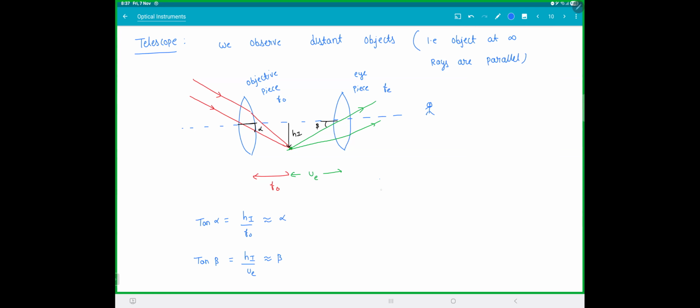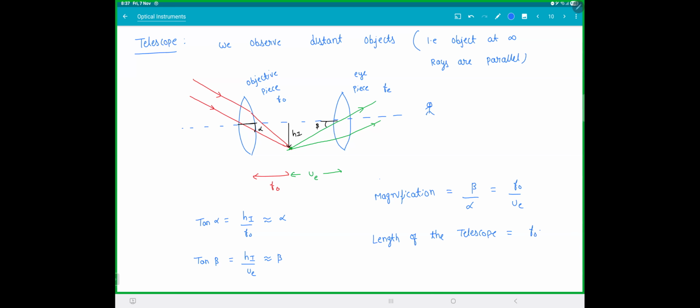So the magnification is the angle you would have seen with the objective, that is alpha, and finally through the eyepiece you see beta. So beta by alpha is F0 by UE. This is the general formula for magnification. In NCERT, we have only one case, but this is the general one. And the length of the telescope is nothing but the distance between the lenses, which is F0 plus UE.